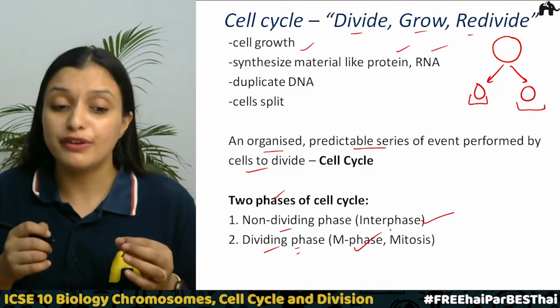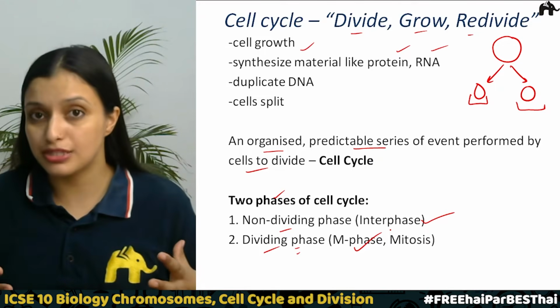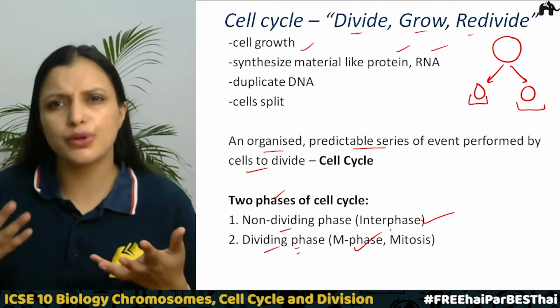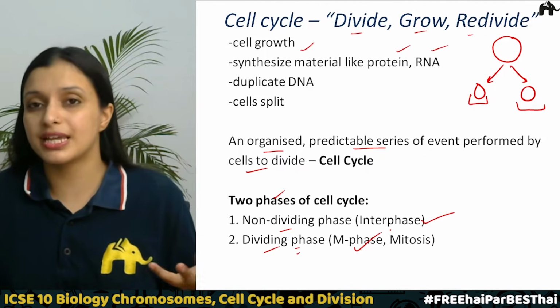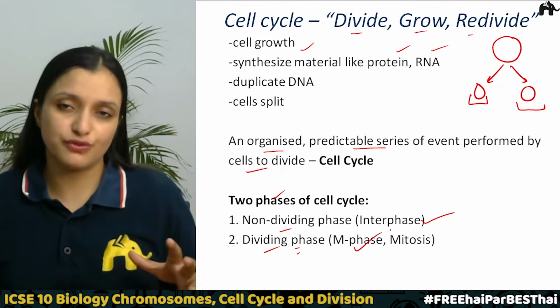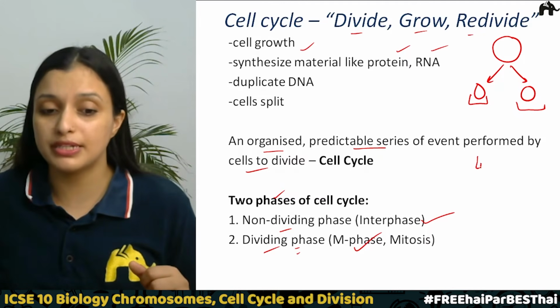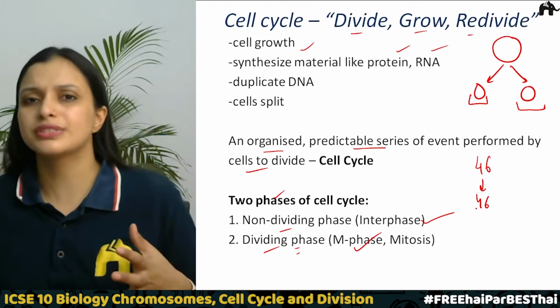Now when we talk about mitosis, mitosis happens in almost all the cells of the body. When we need to repair a cell, when we need to replace a cell, when our body needs to grow in size, in all these types of cell divisions, mitosis happens. The chromosome number is 46 and it remains 46 when the cell grows and divides.